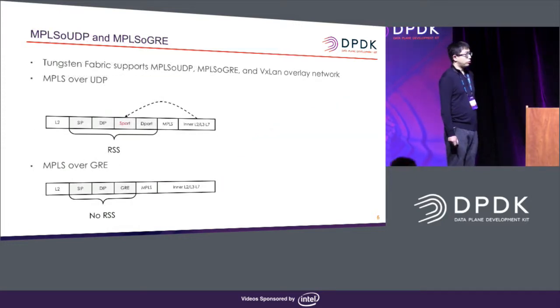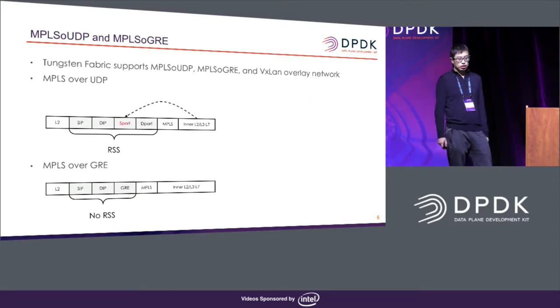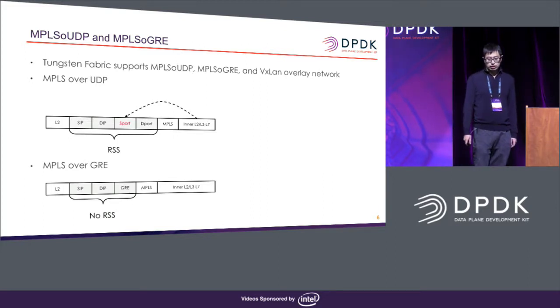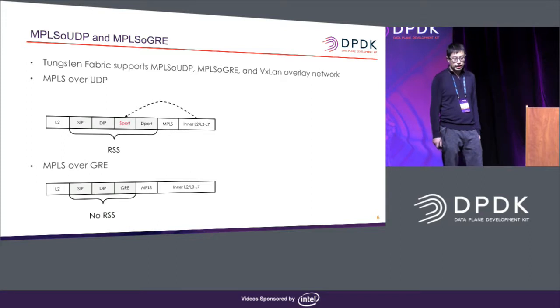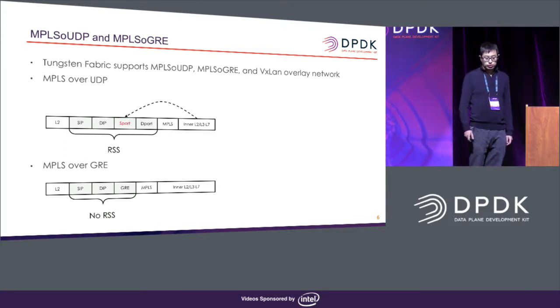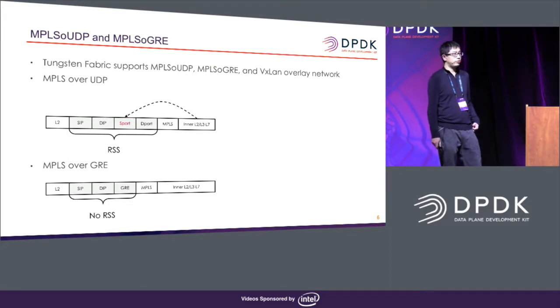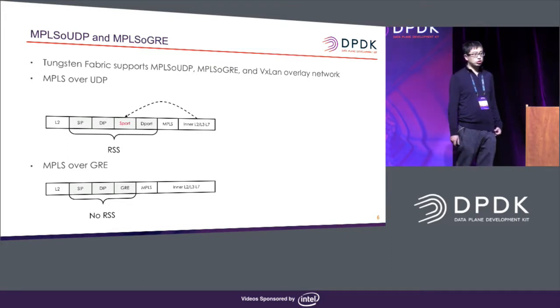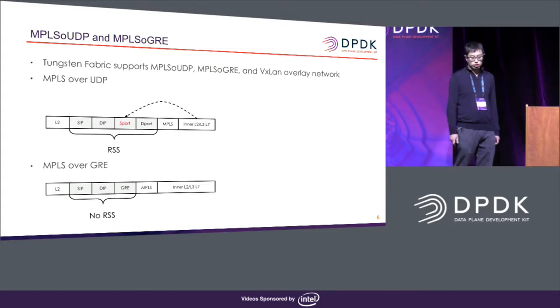Another performance improvement is on the RSS side. Tungsten Fabric supports three types of tunnel technology: MPLS over UDP, MPLS over GRE, and VXLAN overlay network. First, a traditional NIC normally only supports 5-tuple RSS based on source IP, destination IP, source port, destination port, and the protocol number.